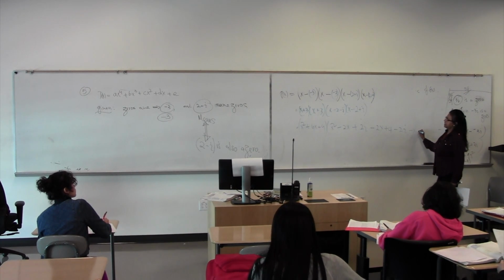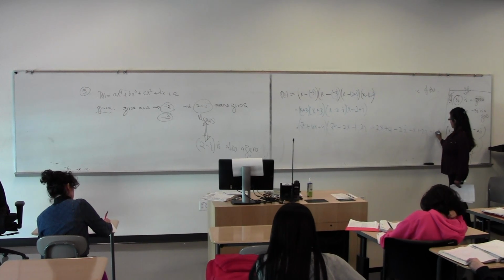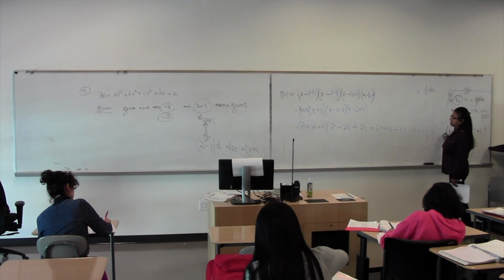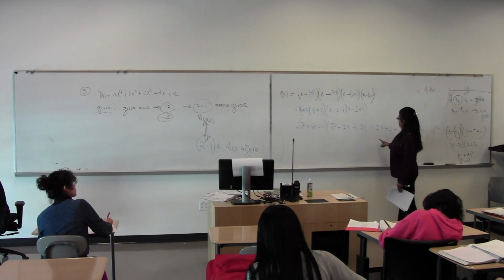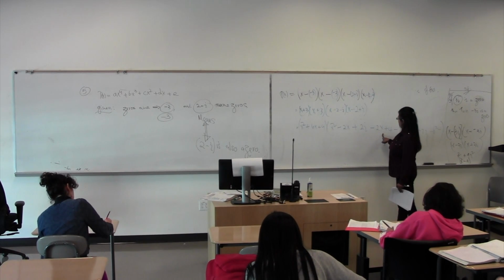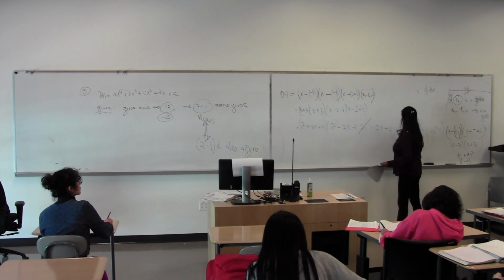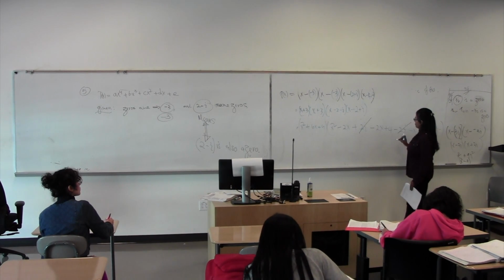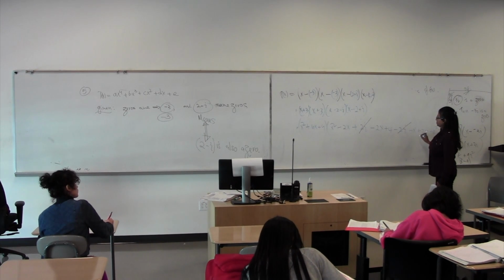Negative x, positive 2i, minus i squared. Did we do this right? Negative ix. This and this get cancelled. What else? Isn't there an i? I think it's negative ix. Yeah, the third to last.